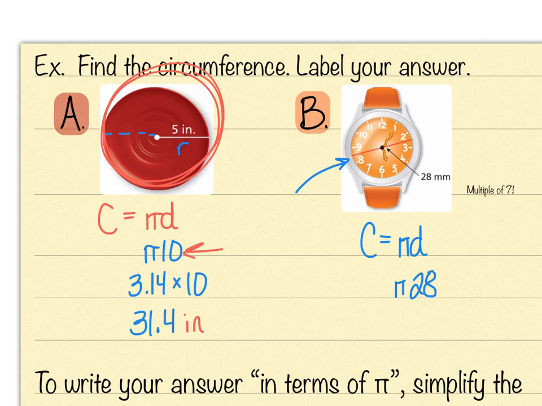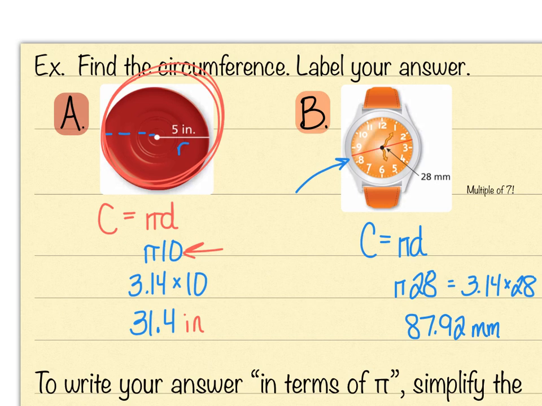Which, of course, pi is 3.14, so I'm just doing 3.14 times 28. And that's going to give us 87.92, and that will be measured in millimeters. So that would be the circumference of our watch.